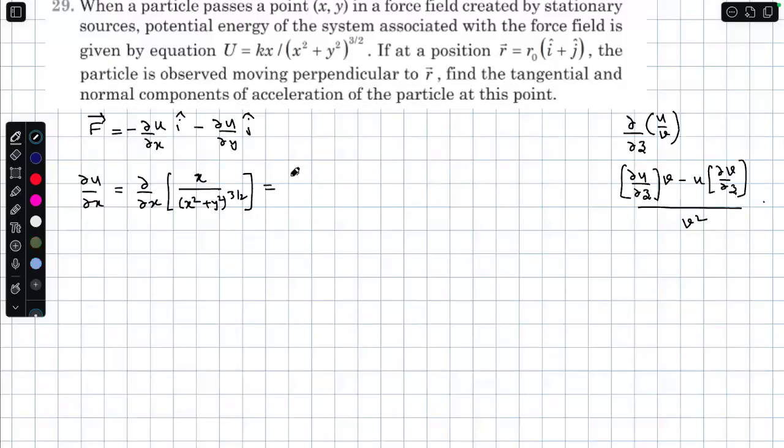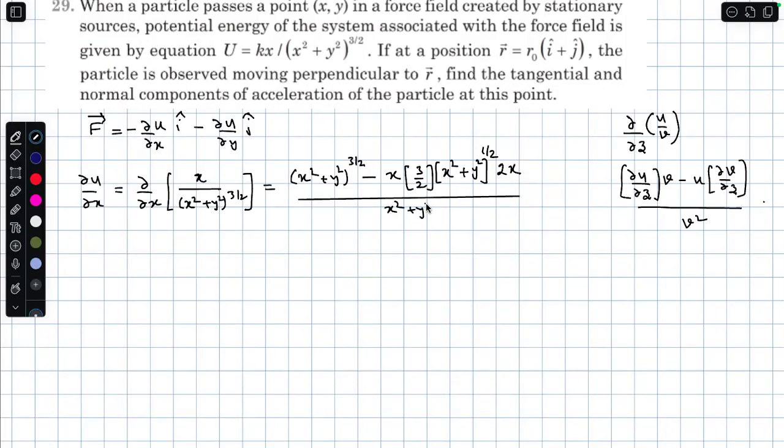Numerator differentiation is 1, times (x square plus y square) whole to the power of 3/2, minus the numerator, leave it like this, times the denominator differentiation. This will become 3/2 times (x square plus y square) whole to the power of 1/2 into the differentiation of this, 2x, divided by (x square plus y square) whole to the power of 3.